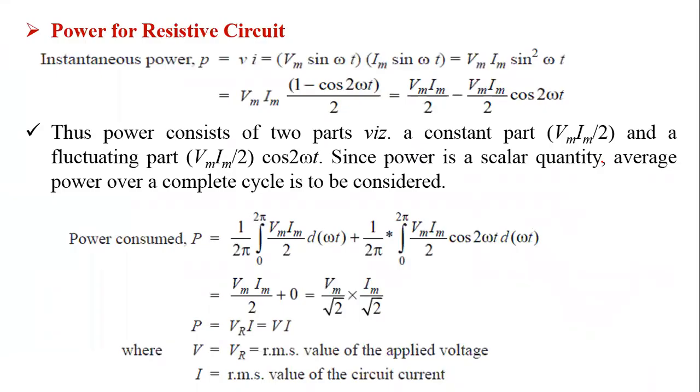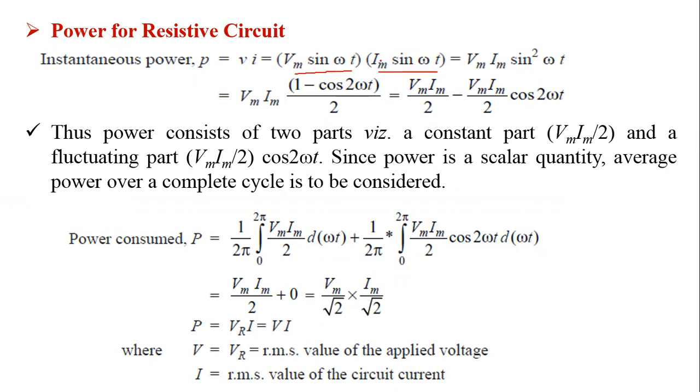What about power for the resistive circuit? Instantaneous power, small p, is given by small v into small i. V is Vm sine omega t and I is Im sine omega t.